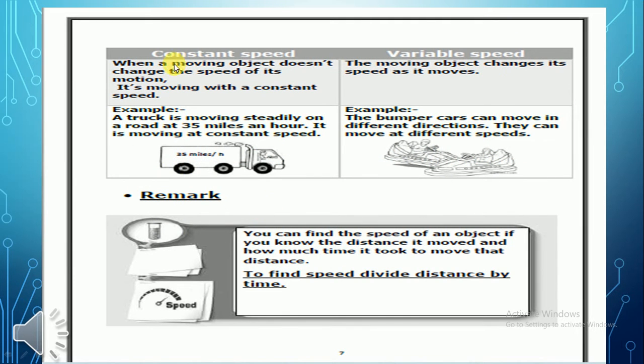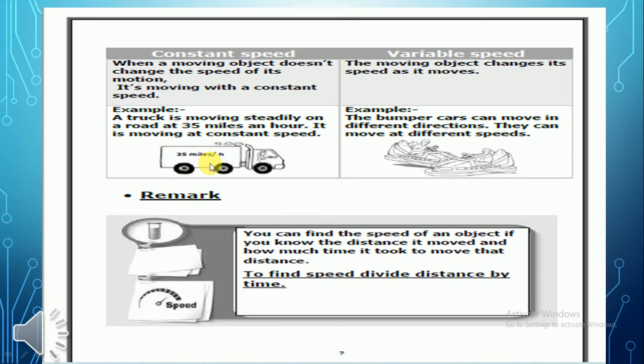So let's talk more about constant speed and variable speed. Constant speed is like this truck. Let's look at this truck. This truck is moving steadily on a road at 35 miles an hour. Each hour, this truck moves 35 miles.